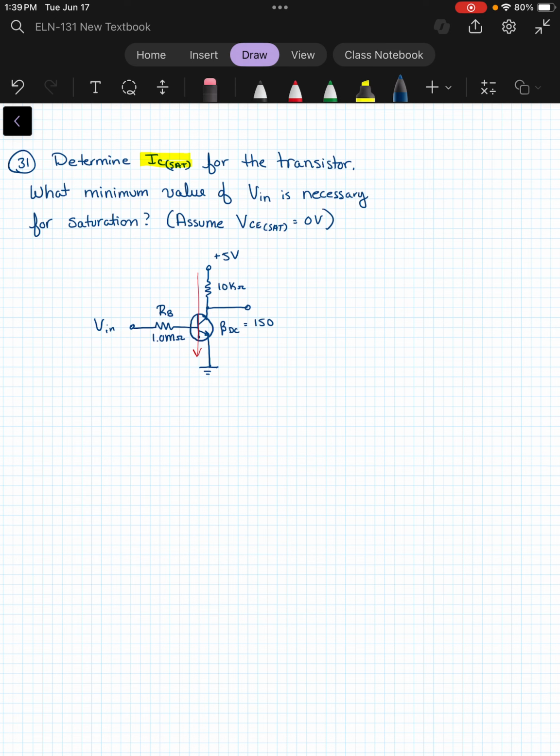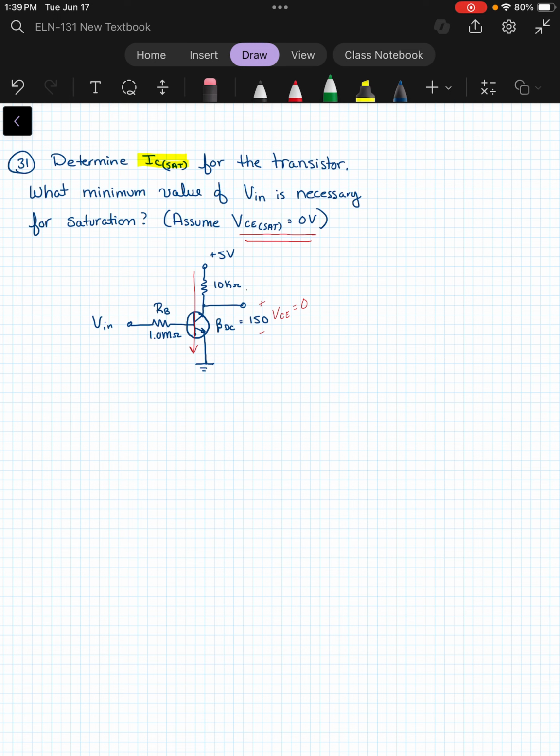And what that means is that our VCE would be about 0. As a matter of fact, they even tell us, assume that it's 0. Some in saturation, they would say you could assume a small voltage there, but technically we look at it as if it's a short circuit, which would make that voltage be 0. So if that's the case, then what we would be measuring at this point would be 0 volts.